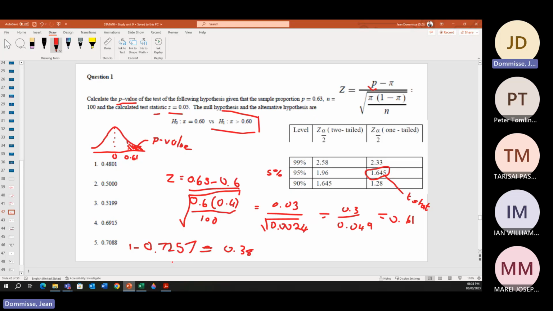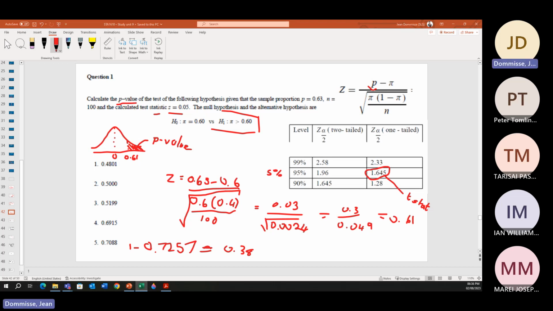Okay, so 0.63 is right. 0.6 is right. So then 0.6 and n is 100.